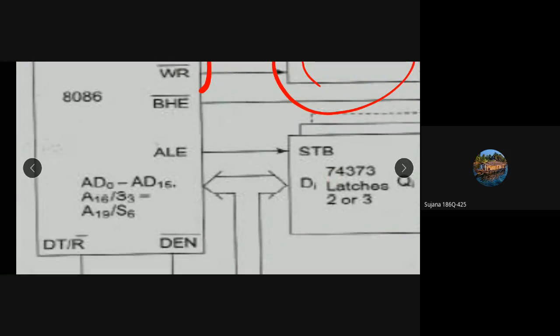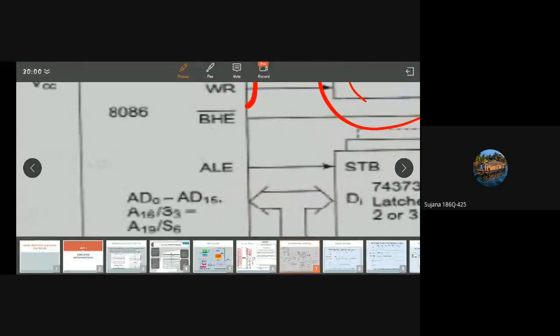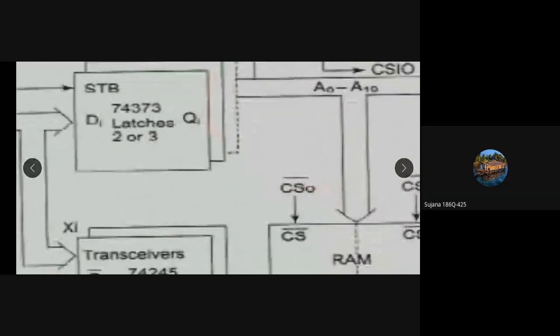The latches are connected to the address data lines, and they separate the address from the data lines.